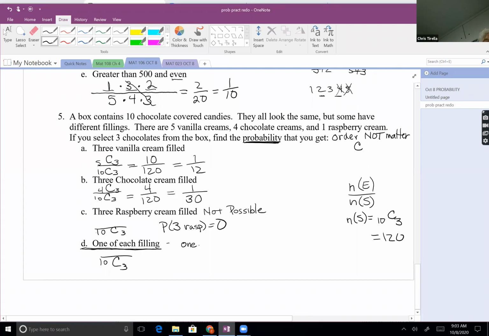Wouldn't I have to have one chocolate and one vanilla and one raspberry out of the 10 chocolates? Want to be a 3 combination 3?